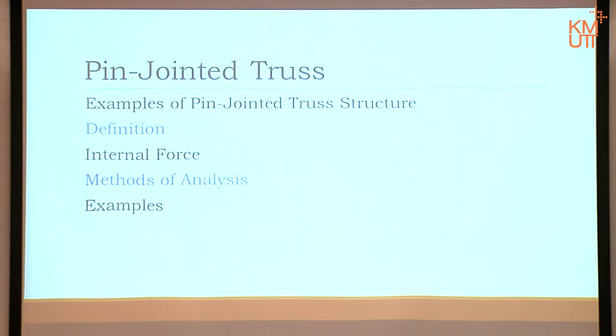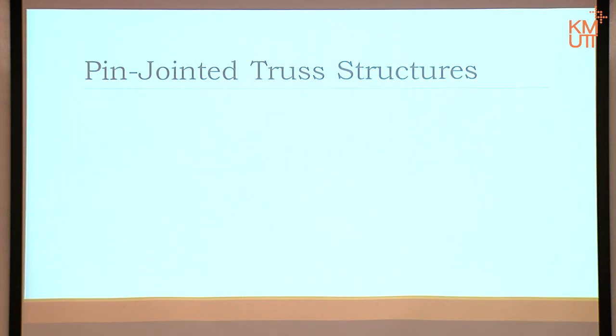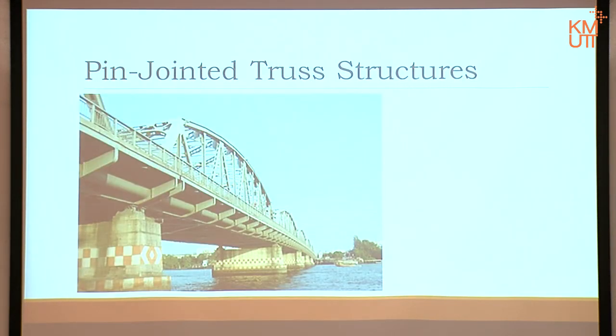Let's see what type of structure we look at. Usually the pin joint truss is very suitable for a very long span structure. For example, this kind is a bridge.